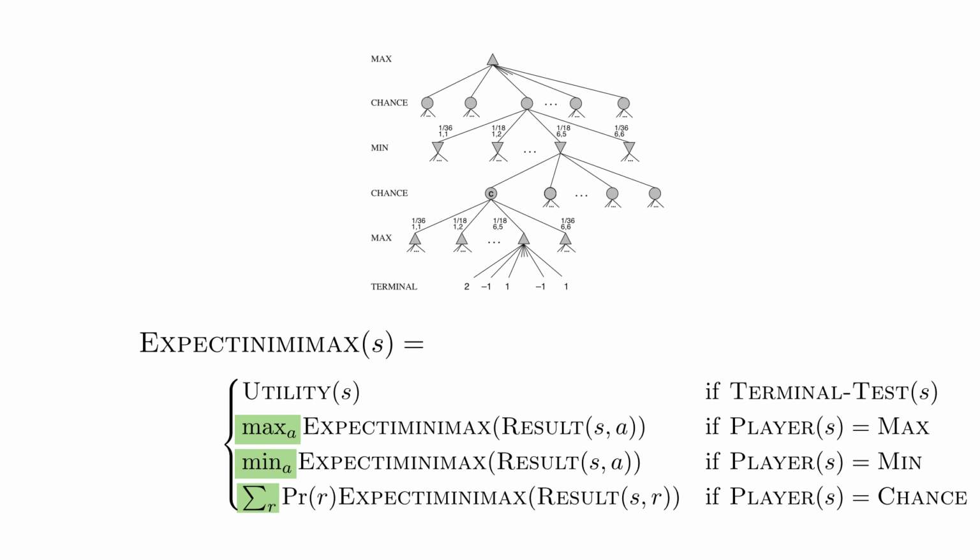But then the new operation is this sum, this expectation, which is going to look at all the actions, look at the probabilities of those actions, and then do a weighted sum of the scores, weighted by those probabilities. So again, just like the min and the max operations, you have to consider all of the states before you can make a decision.